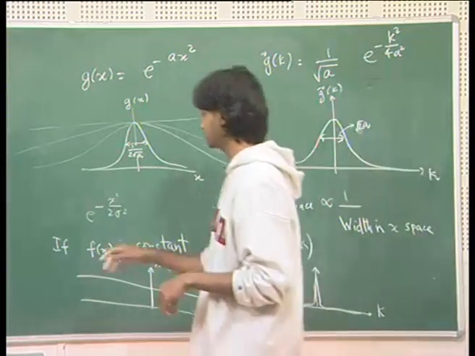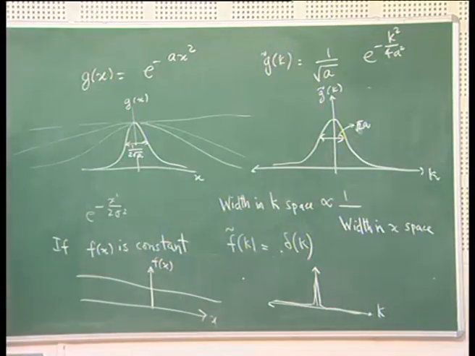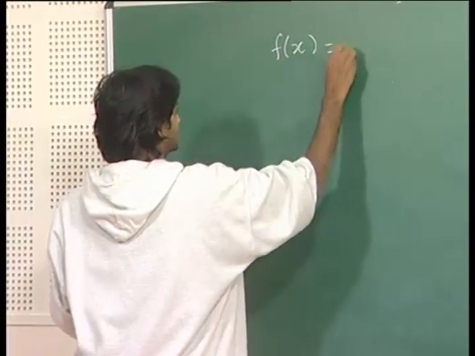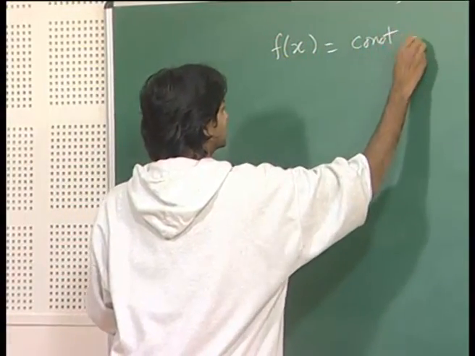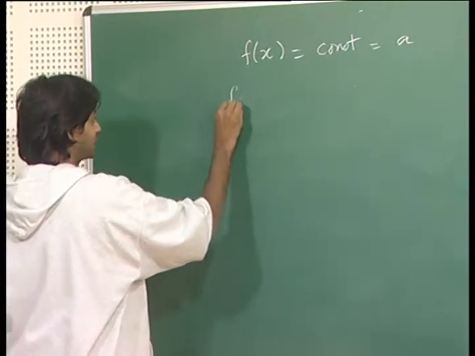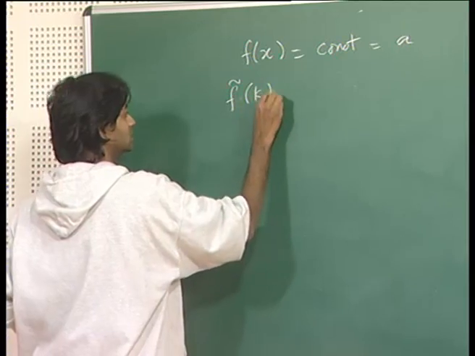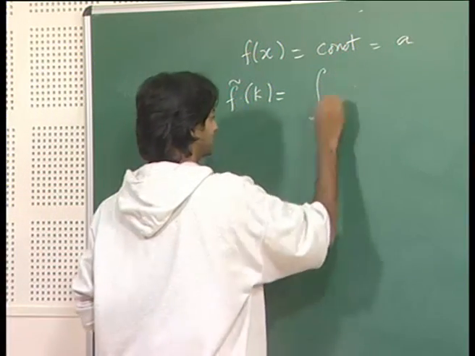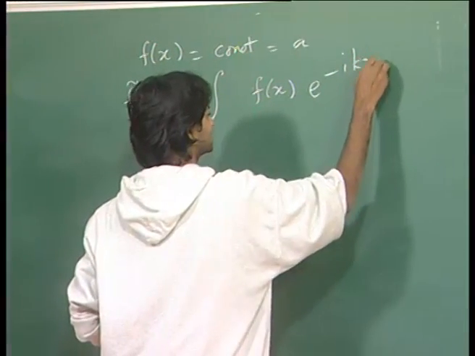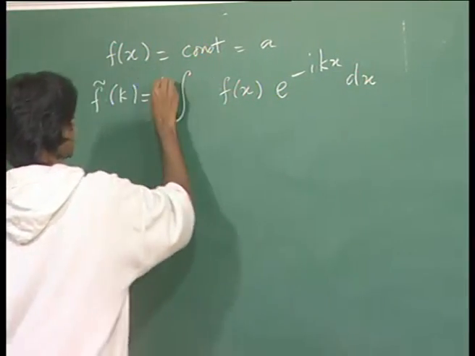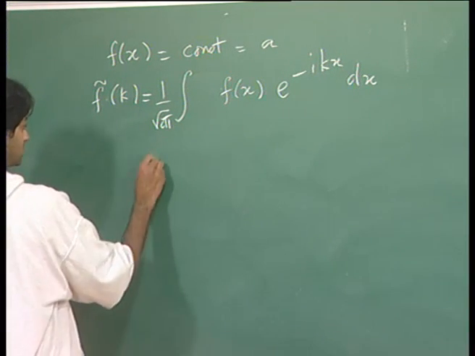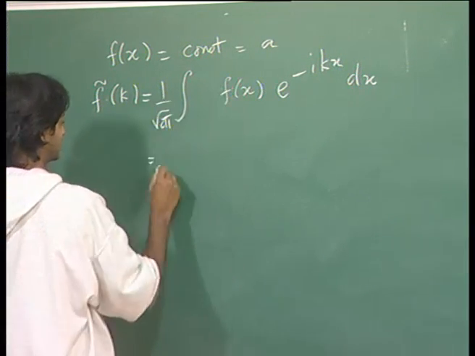To do this, you just use the definition of f tilde of k. So what you say is that f of x equal to constant, say it is a, then f tilde of k is equal to 1 over root 2 pi integral f of x e to the minus i k x dx. Okay, now this is a constant a that I take outside.